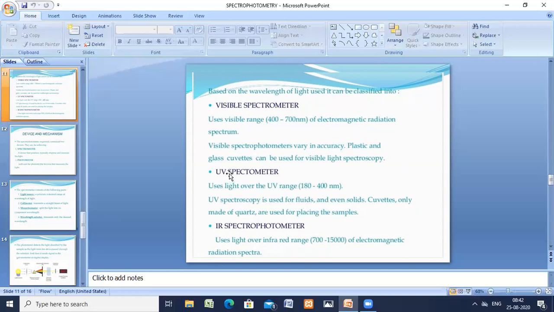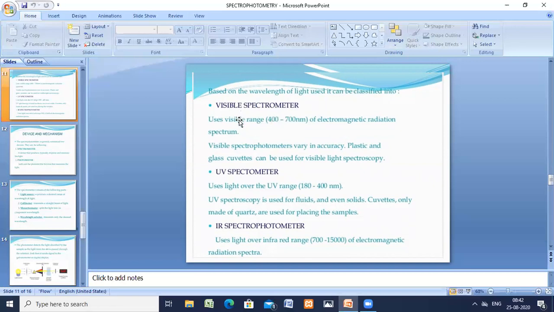The visible range is from 400 to 700 nanometers.